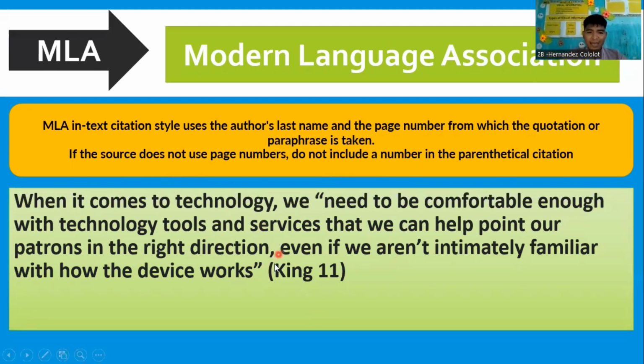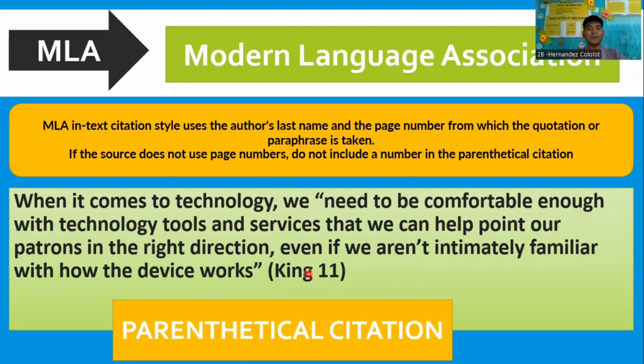So as we can see in the given statement, the author is not mentioned in the statement. That means we need to include the surname of the author and the page number at the end of the citation. Okay, and this is an example of parenthetical citation.